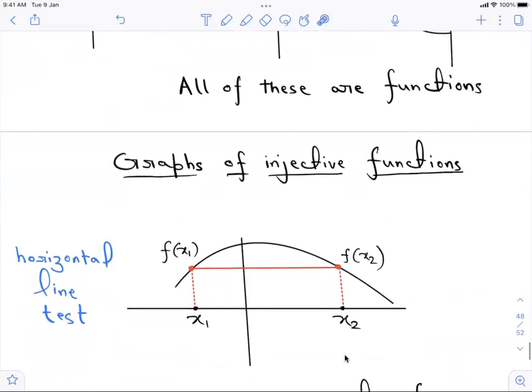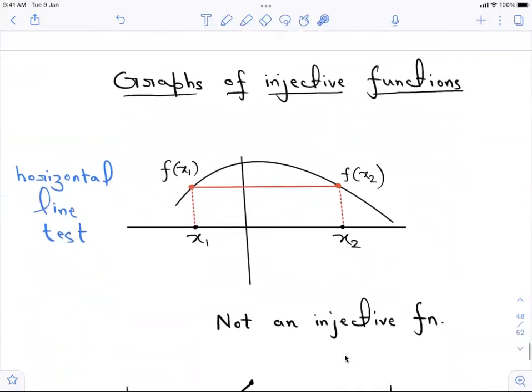Next one, can we identify an injective function from the graph? Okay, so this is called the horizontal line test. Notice that if we have an injective function, any horizontal line can intersect that graph at most 1 point. Why is that? Suppose a horizontal line intersects the graph of this function at 2 points, this loses the property of being injective, namely because for two different inputs, I'm having the same output.